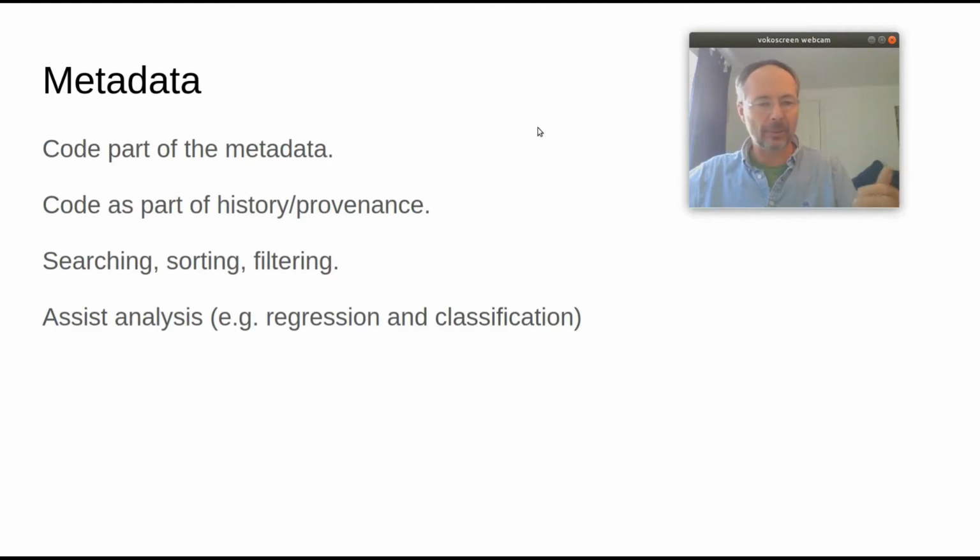Every time you do an operation on data, it will add to a list of lines of history to show what has actually been done with the data to that point. And of course, the metadata is important for searching, sorting, and filtering, but also to assist analysis. So you can maybe use some of that metadata in some kind of regression analysis or classification.